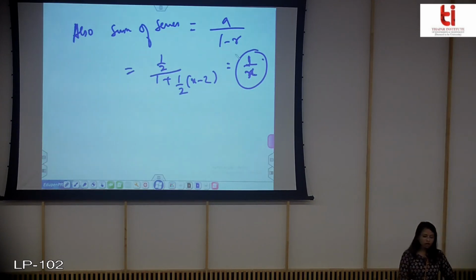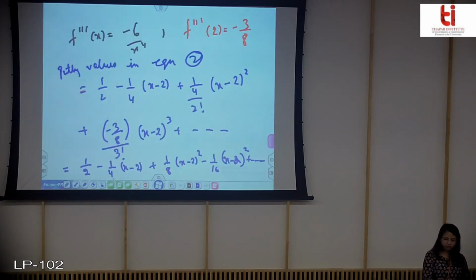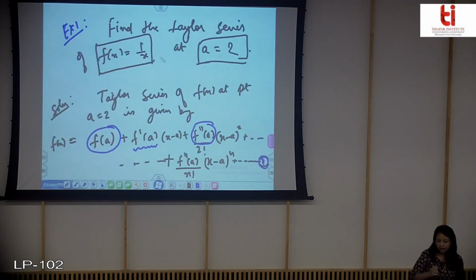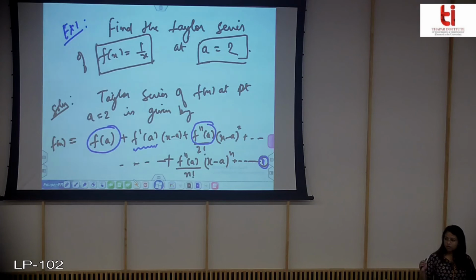But till now you must have some picture that I took this f(x) = 1 by x and wrote it in the form of an infinite series, and whatever the value of x at a is equal to 2, my infinite series is also converging to that point only.